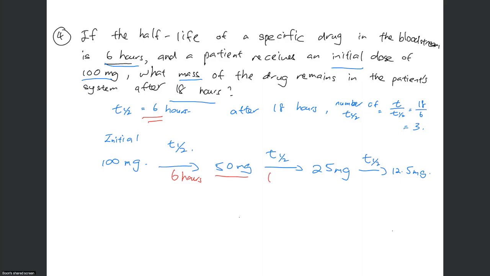And then we need another 6 hours to bring it down to 25, and the third 6 hours to bring it to 12.5. The total time is 18 hours, so 6 plus 6 plus 6 is 18 hours. All right, I hope you find this approach useful.